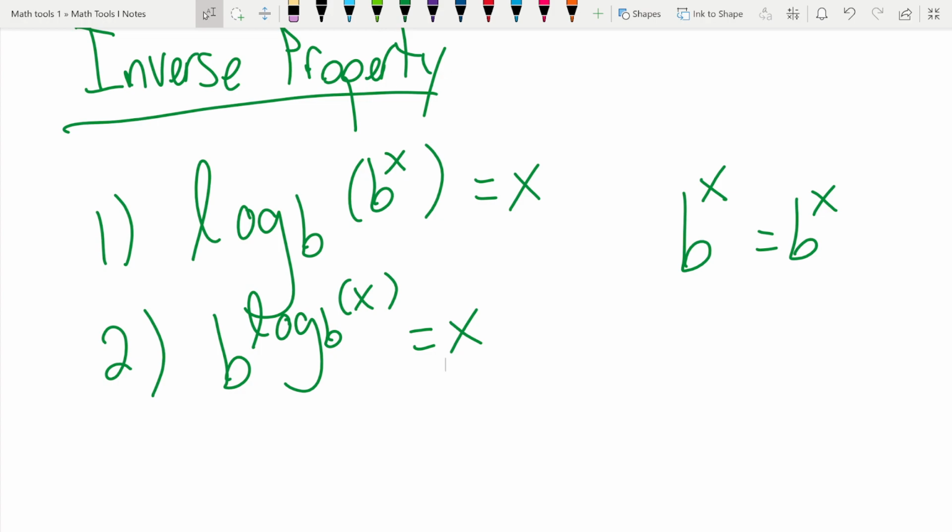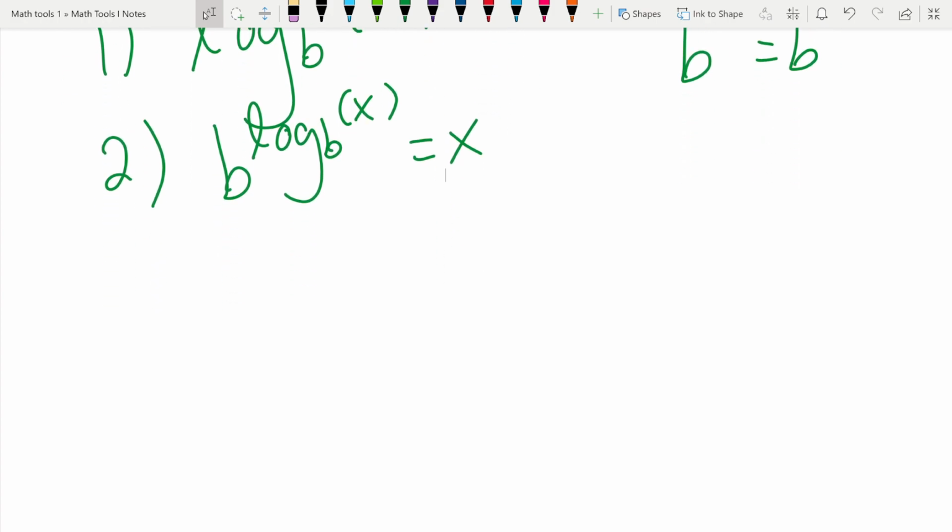So if we wanted to show that this was true, maybe we start with b to the log base b of x, and we say, okay, we don't know what this is, so let's say it's equal to y, and then we're going to flip this around into a logarithm.